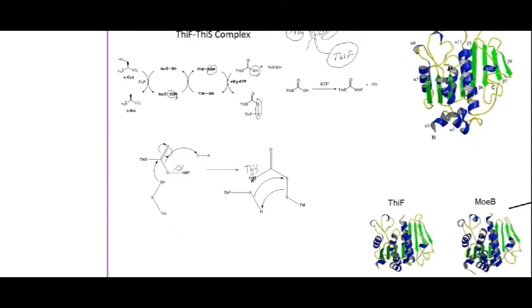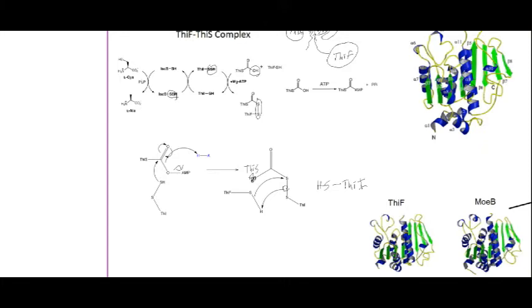So this sulfur binds onto that sulfur. This bond here goes to extract this proton here to deprotonate that, so that we end up with our ThiI sort of coming off, and now we have this ThiS ThiF complex here.